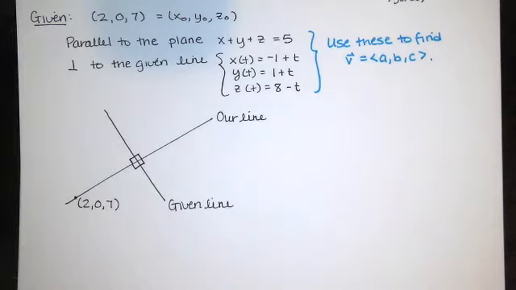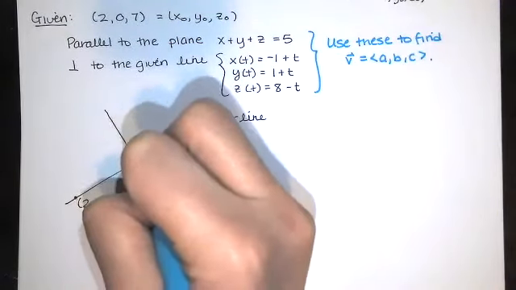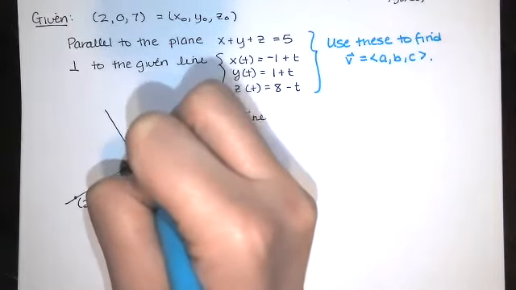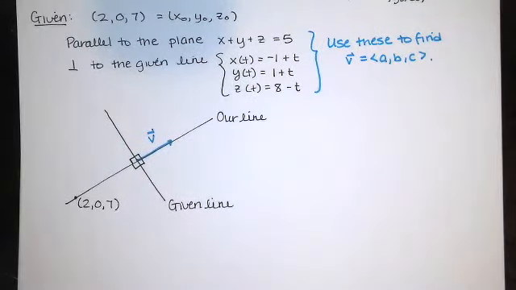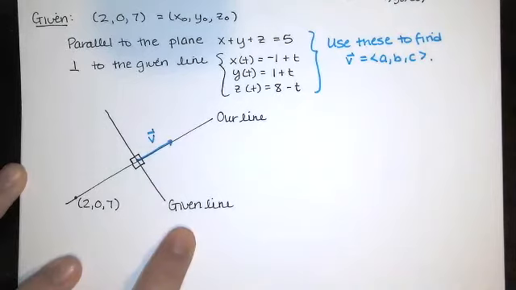Now we can draw that vector v anywhere on here. I'm going to draw it at the point of intersection. And we know that this line is perpendicular to this line.